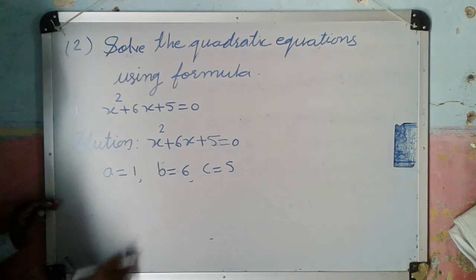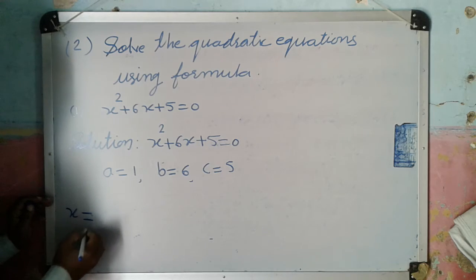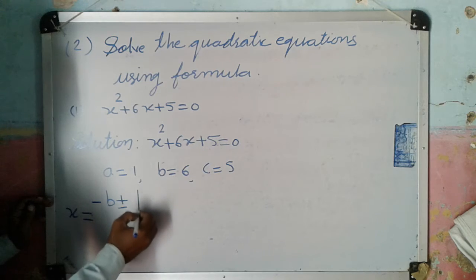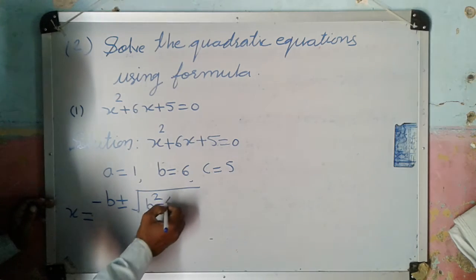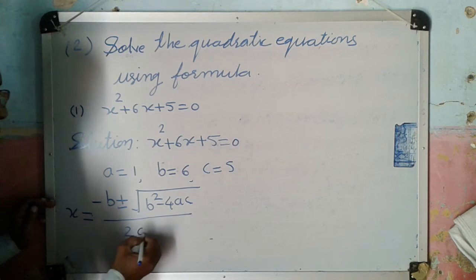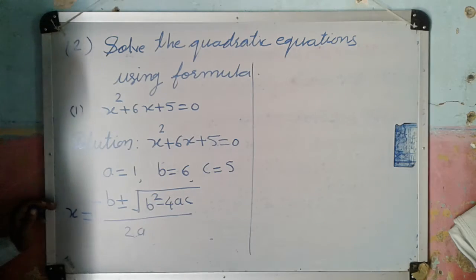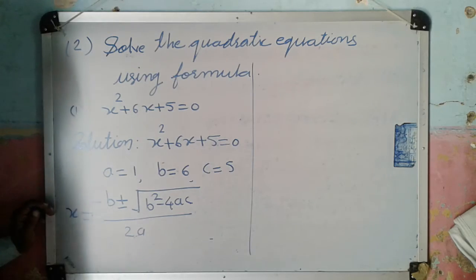Okay, now use formula. The formula is x is equal to minus b plus or minus under root b square minus 4ac upon 2a. Now put the values of a, b and c in this formula.